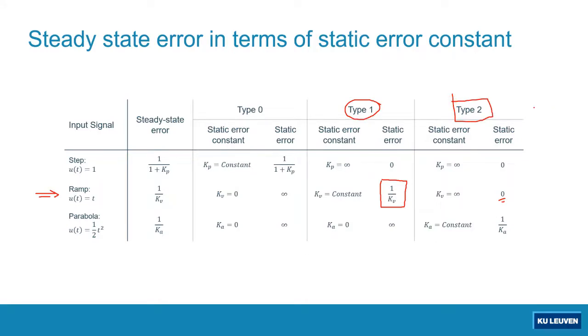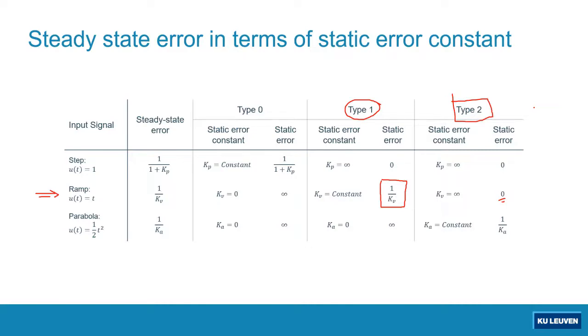So this means we have to upgrade the type number from type 1 to type 2 system. How do we upgrade it? By introducing an additional integrator in our open loop transfer function, and one way to introduce an integrator to the open loop transfer function is by introducing a PI controller.